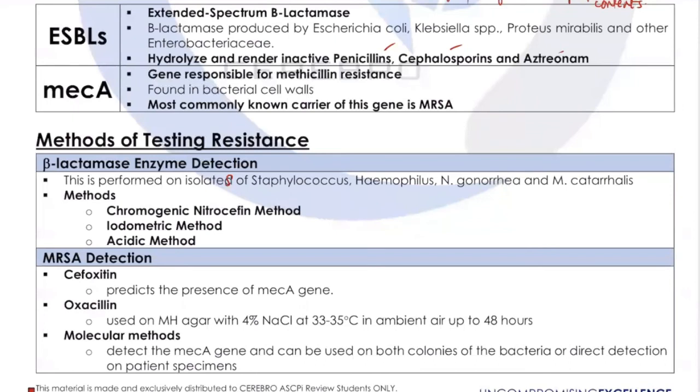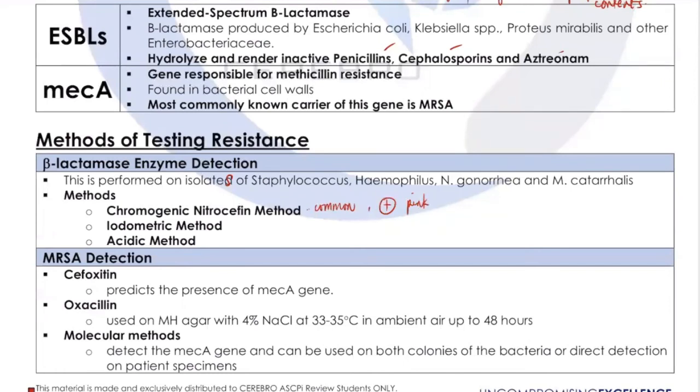So, the methods that are used, pwedeng gumamit ng chromogenic nitrocefin method, which is a common method, and paratandaan dito that the best substrate is nitrocefin. Okay? So the positive result for this is pink. Okay? Kasi yung nitrocefin originally it is yellow or colorless. And when the organism is a beta-lactamase organism, it breaks the nitrocefin beta-lactam ring, turning it into pink.